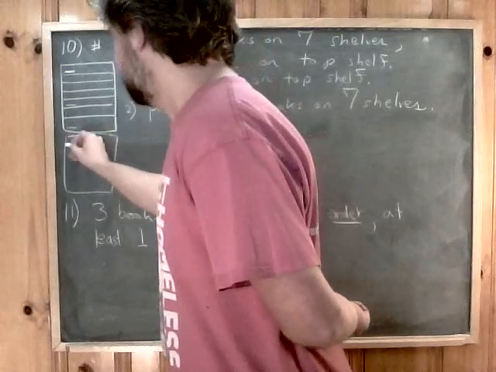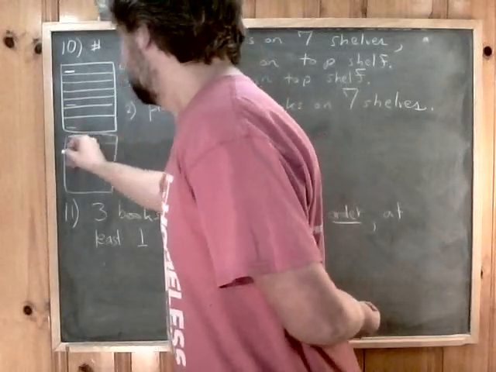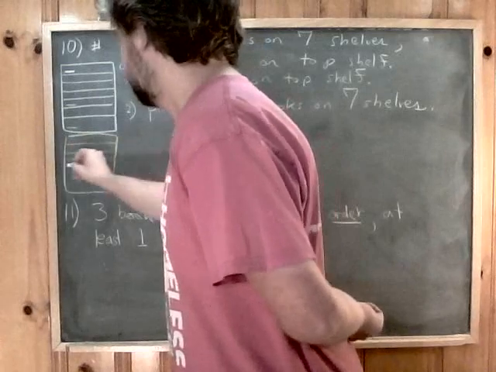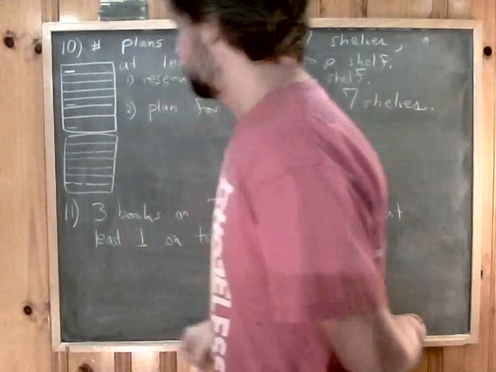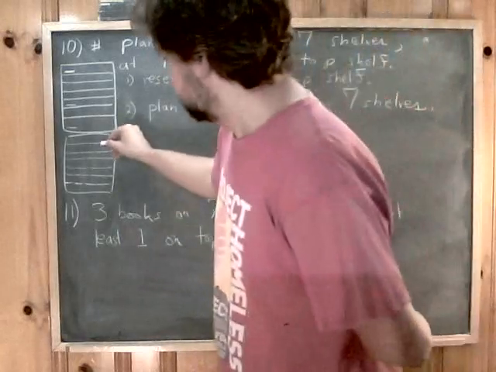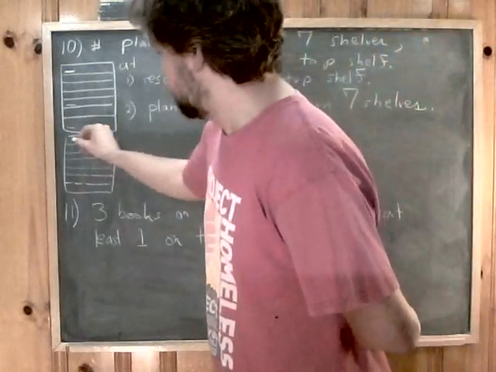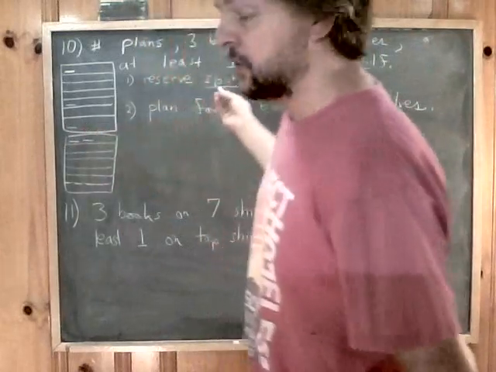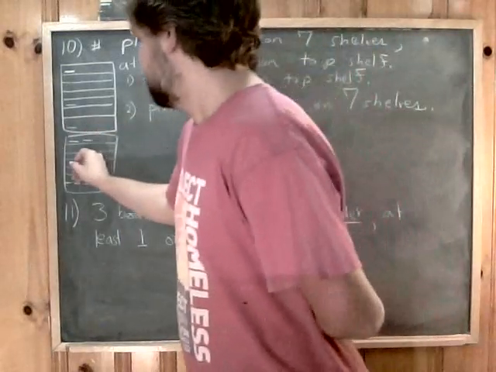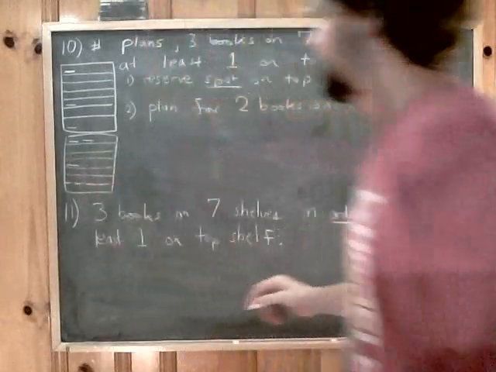It just says at least one on the top shelf. 2, 3, 4, 5, 6. There's another 7 shelves. And it has to have one on the top shelf, but it could have 2 on the top shelf or even 3 on the top shelf. We just need a plan.